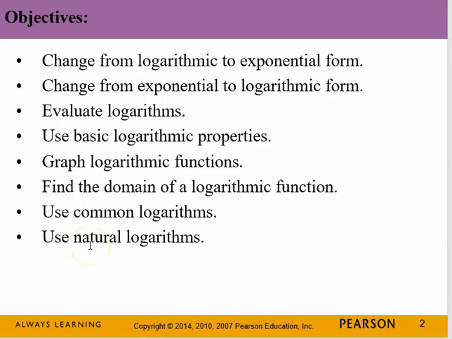Now I'm going through the objectives because I know some of these terms may be a little foreign, so repetition would be in order.